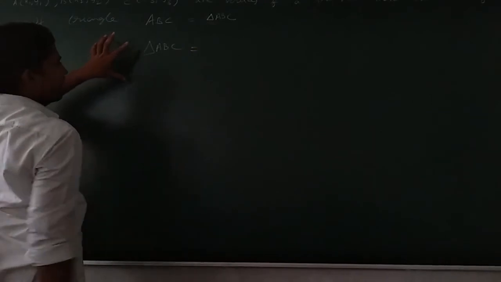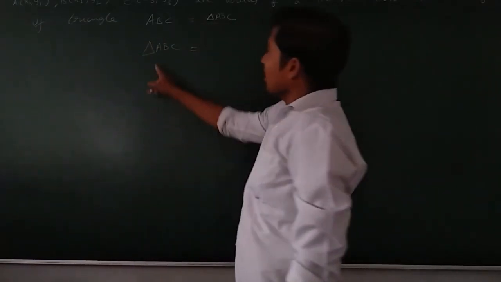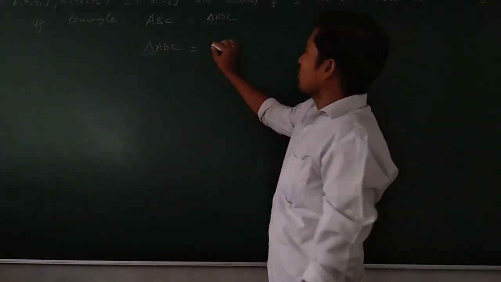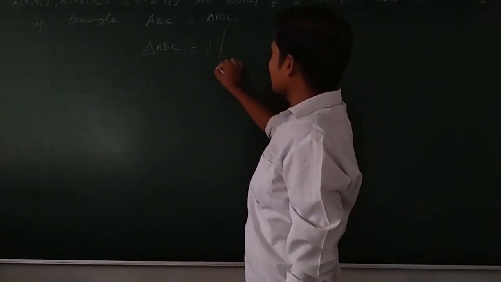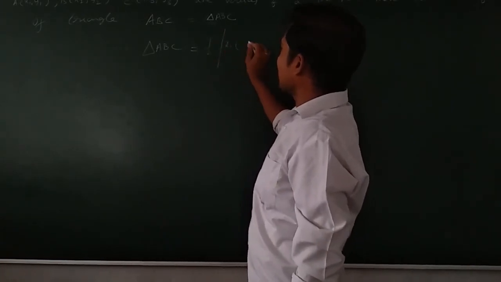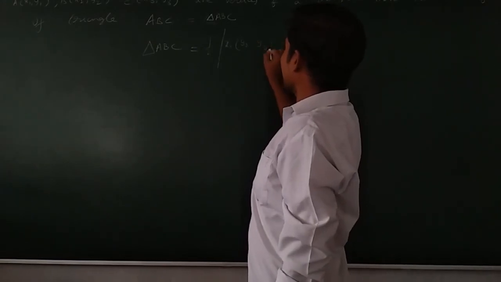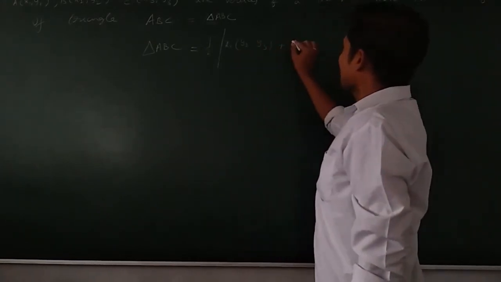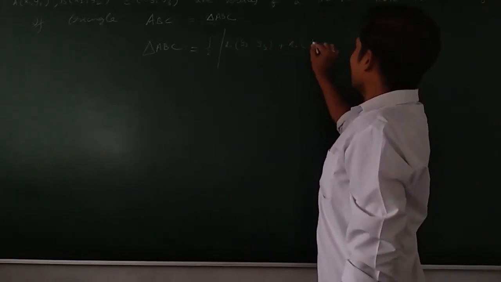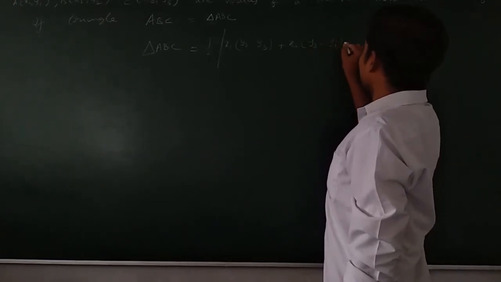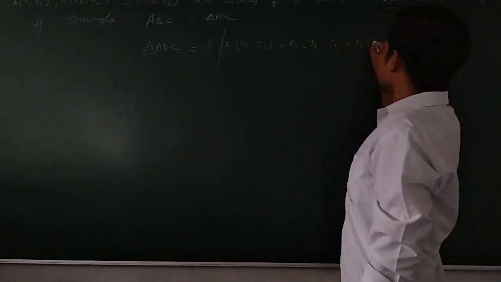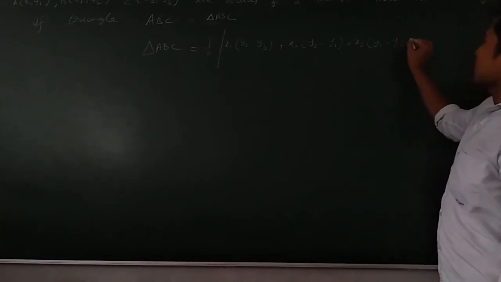So the area of the triangle is equal to half modulus of x1 into y2 minus y3 plus x2 into y3 minus y1 plus x3 into y1 minus y2.